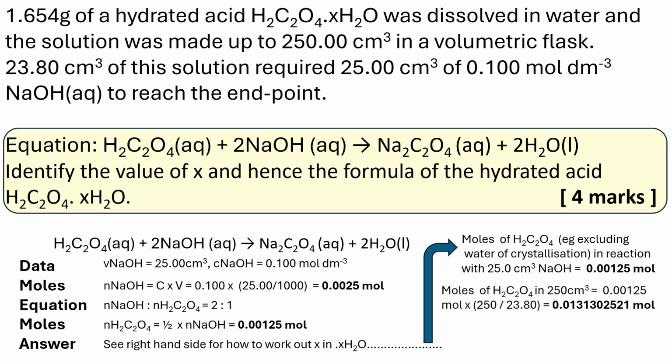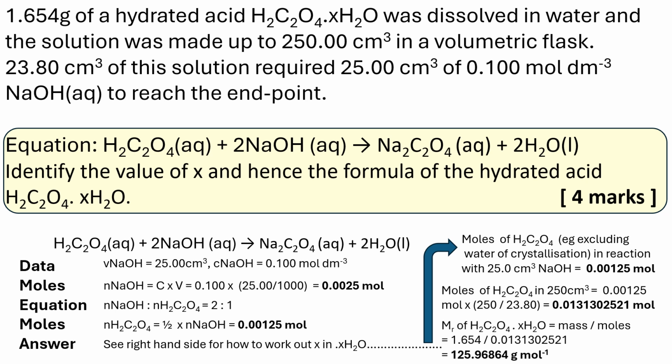Now what we do is we scale that up. So we're going to multiply that by the scaling factor. You take the 250, which is the original sample dissolved in 250 centimeters cubed of water, and you divide that by 23.80, which is the amount that's needed to complete the neutralization. That gives you 0.0131302521. I'm using the calculator values for now.